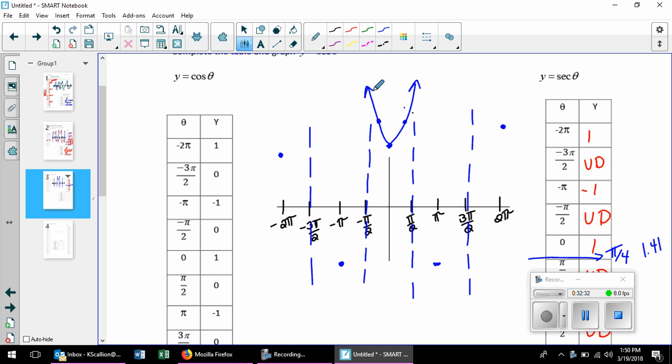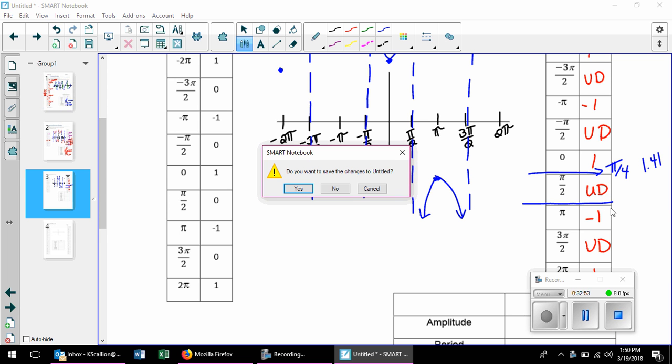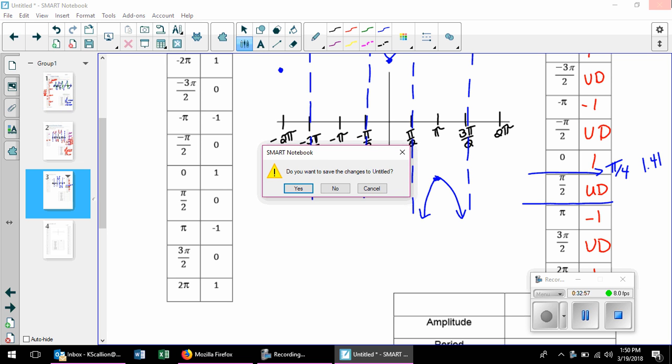That's exciting. What do you think happens down here? Does the parabola open up or down? Yeah. And what would be that second point that we're looking for? So at 3 pi over 4, which would be here, okay.